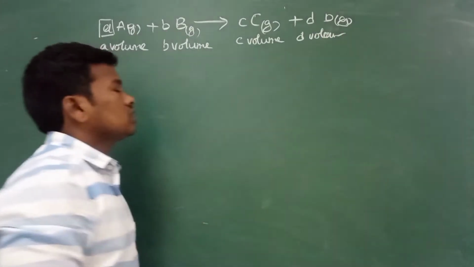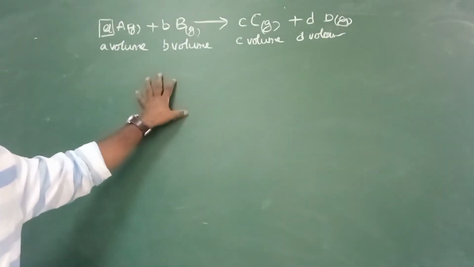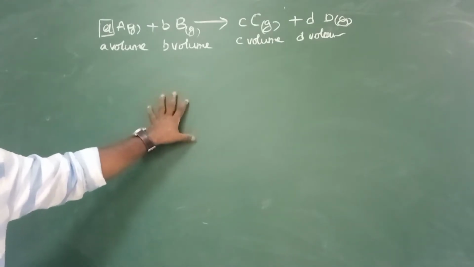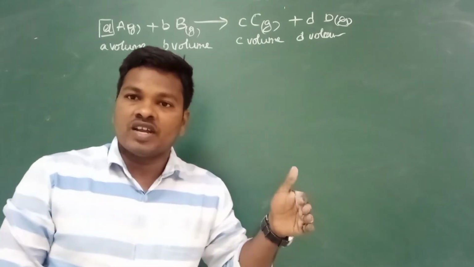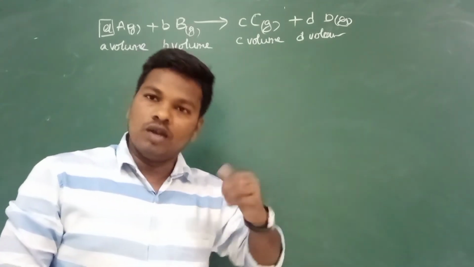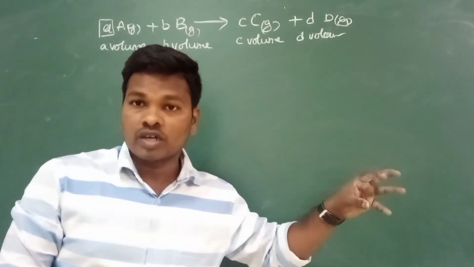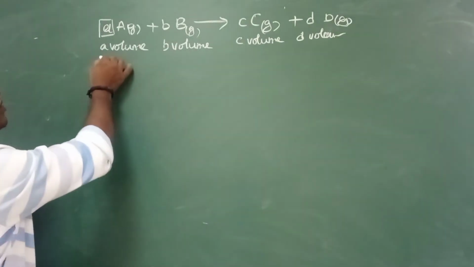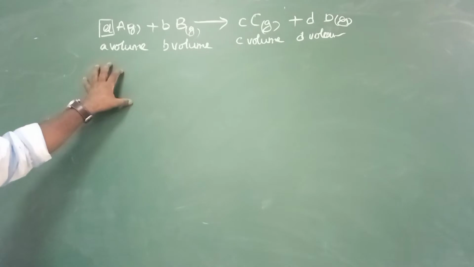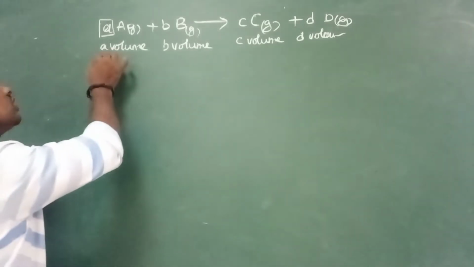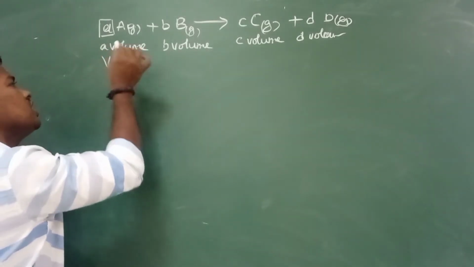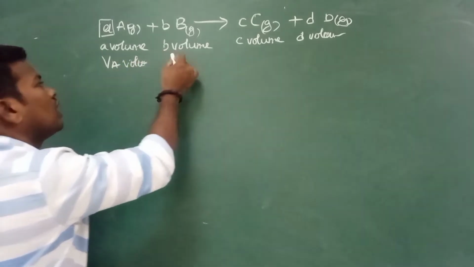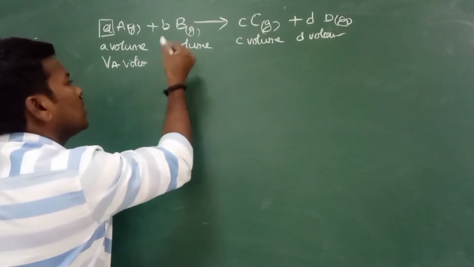Suppose the reactant volumes are given and they are asking for the product volume. For example, they have given the volume of one reactant as VA and the other as VB.